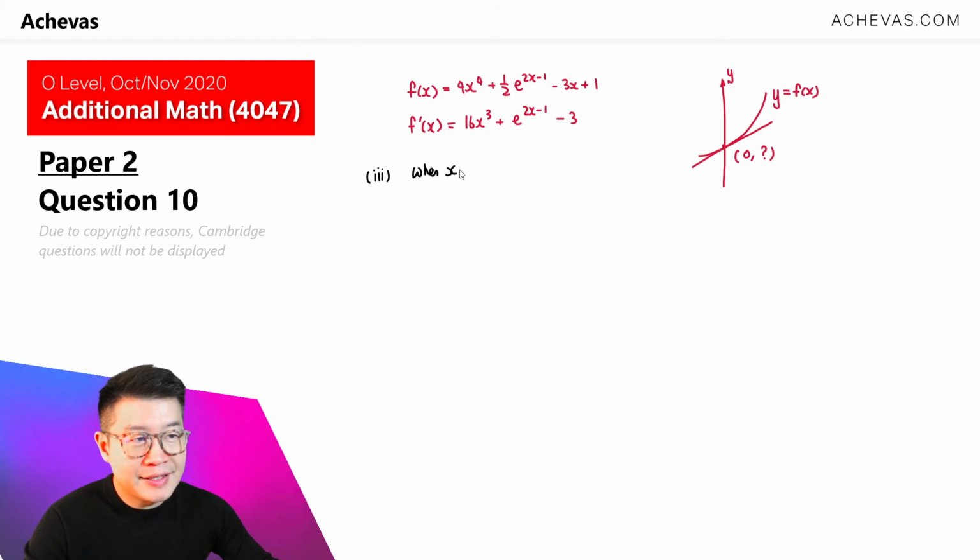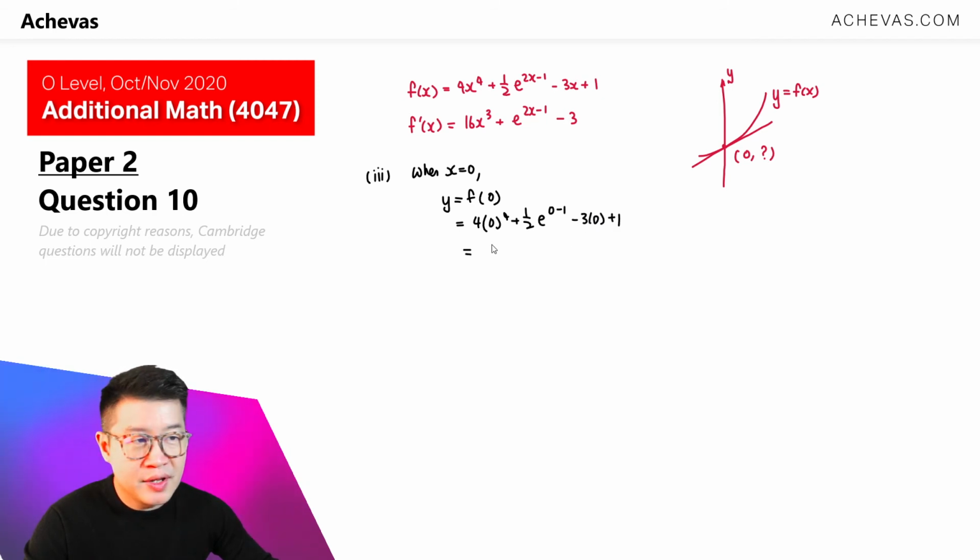So when x is equal to 0, let's find the y-coordinate. The y-coordinate will be f(0), since this graph is the graph of y is equal to f(x). So this is equal to 4 times 0 to the power of 4 plus half e to the power of 0 minus 1 minus 3 times 0 plus 1.